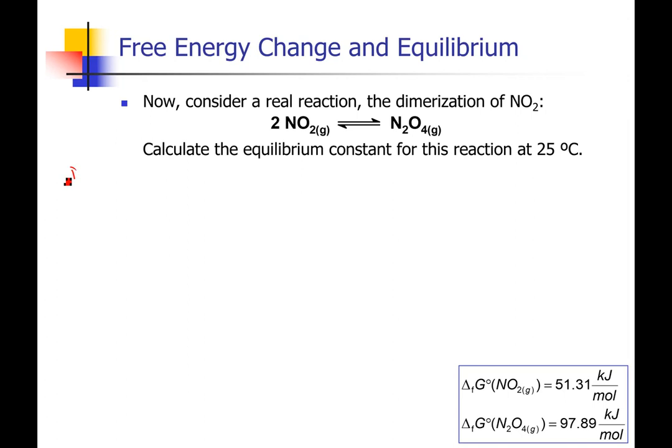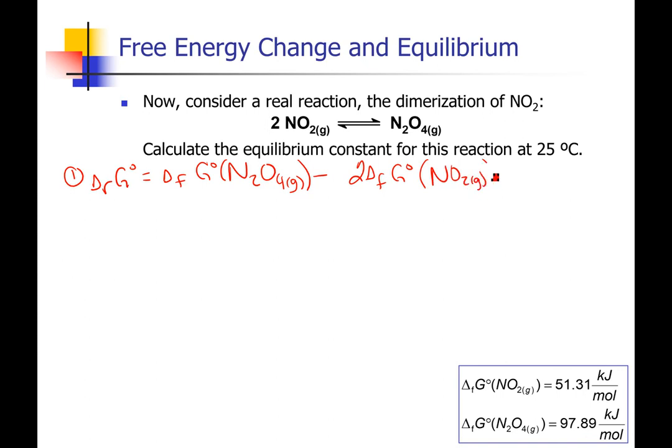So for step 1, we know that the standard free energy change for the reaction is going to be equal to the standard free energy of formation of our product, which in this case is the N2O4 gas, minus the standard free energy of formation of our reactants, which in this case is our NO2 gas.